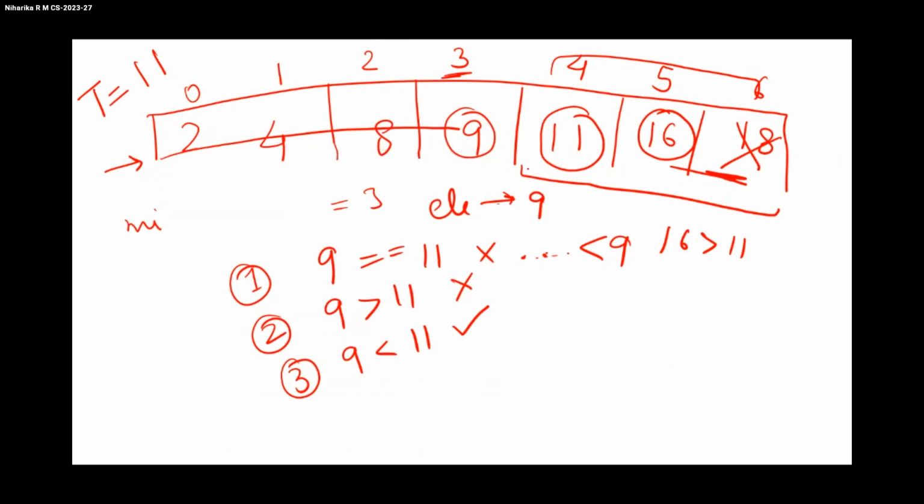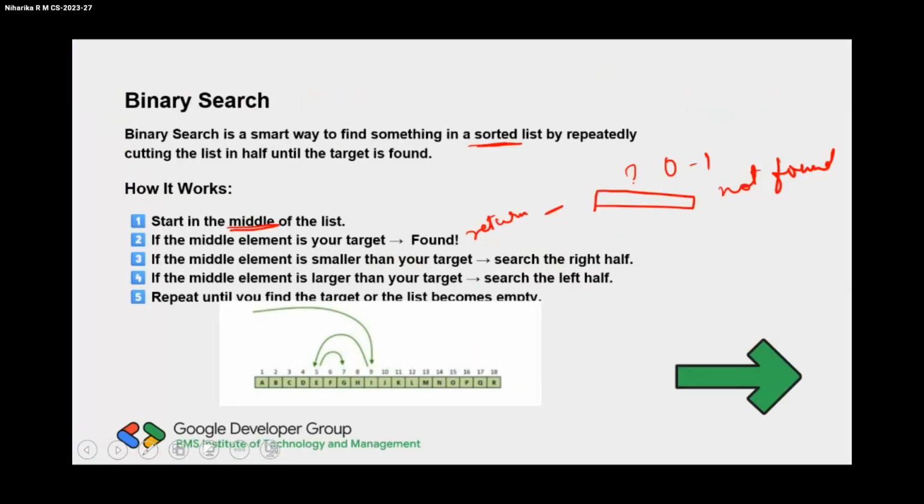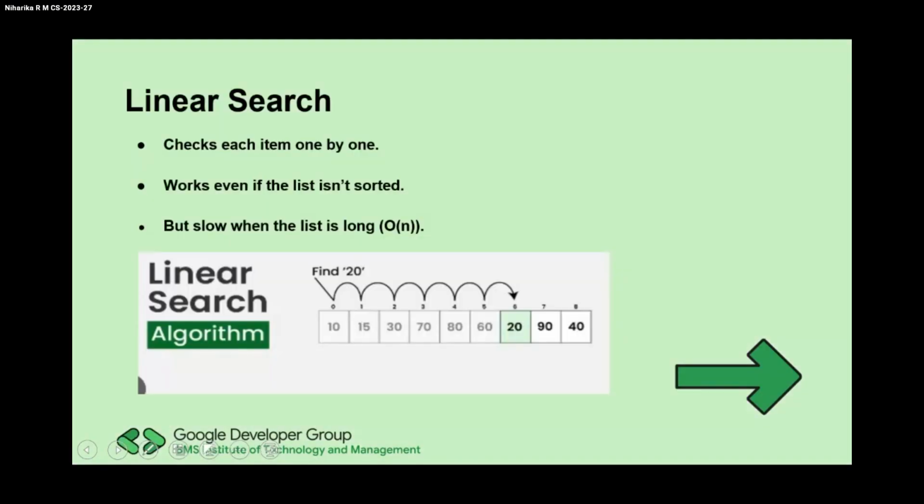Now, let me take an example, guys. I'll take an example here about the difference between binary search and linear search. So I'll take 1, 6, 7, 9, 11.